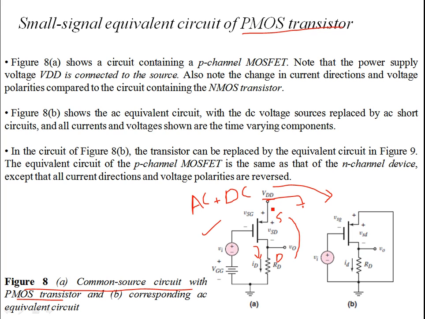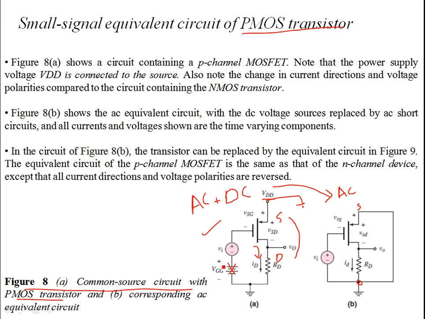Then this becomes an AC ground, which means that the source is common to both the input and the output. So over here you see the source has been grounded. The source is AC grounded, and then you kill this VGG source as well, the DC source. So you're left with the AC equivalent circuit, right?